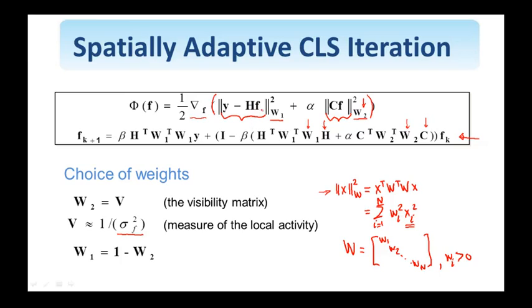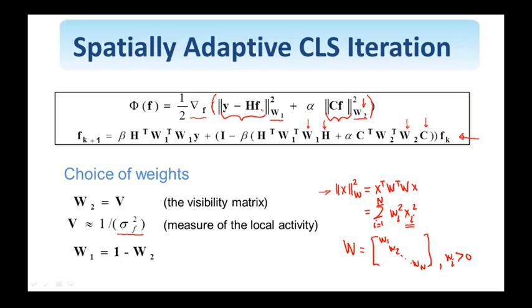So we want to perform deconvolution at the edges, and we don't enforce that much deconvolution in the flat regions. Actually, if I have a perfectly flat part of the image, then blurring it will not change anything. It will be exactly the same signal.